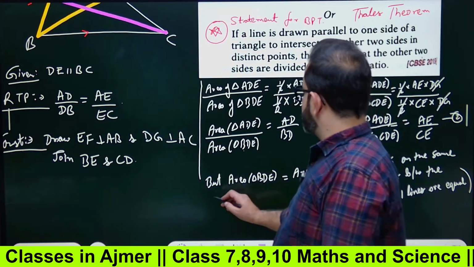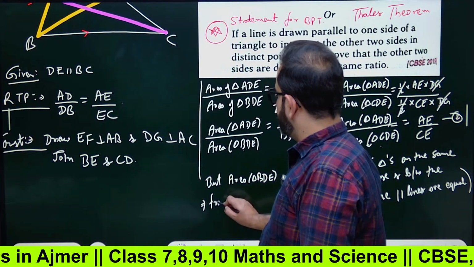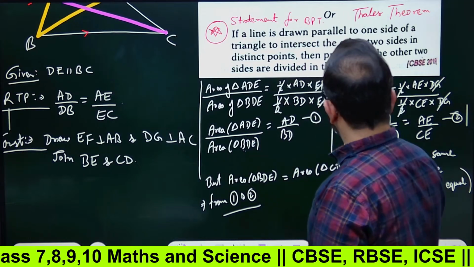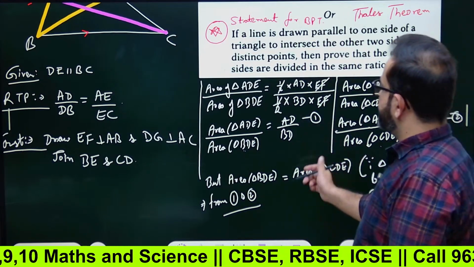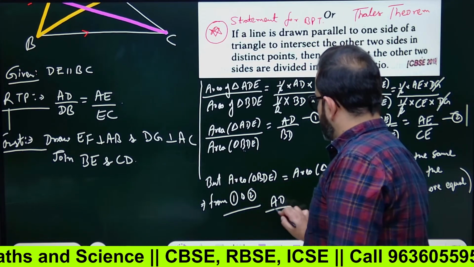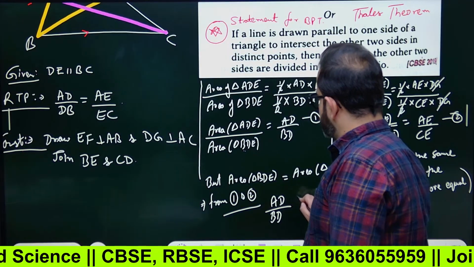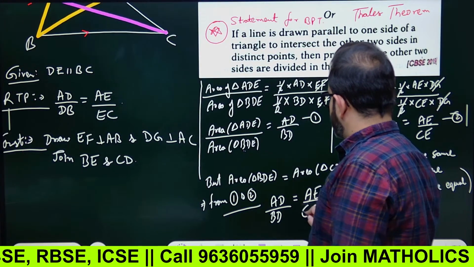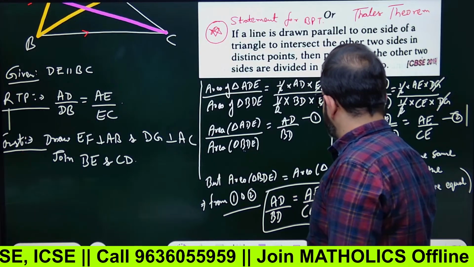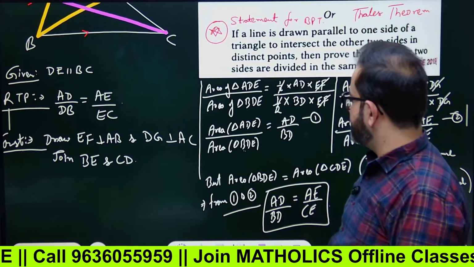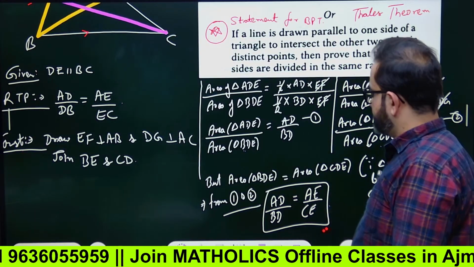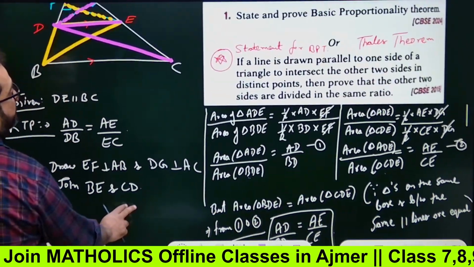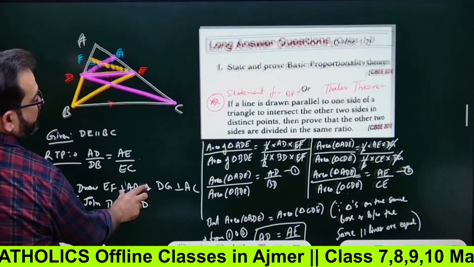So from equations 1 and 2, AD upon BD is equal to AE upon CE. Hence proved. I guess BPT is now super clear. Yes or no? Done. So you must copy this first.